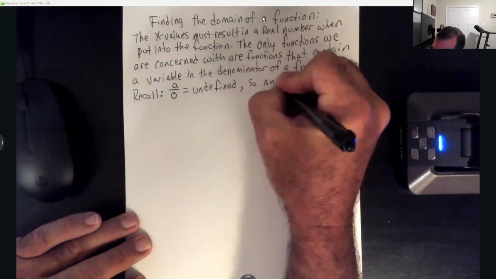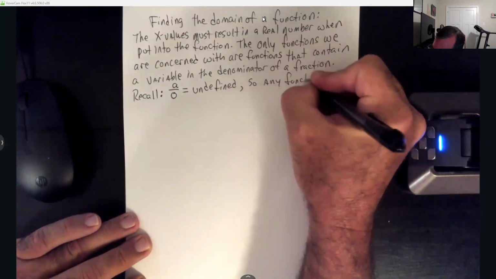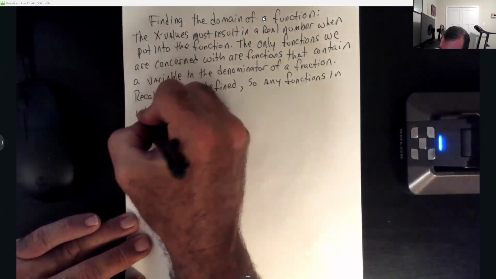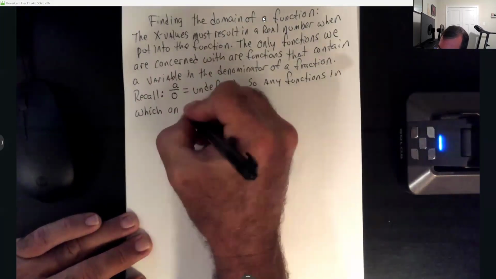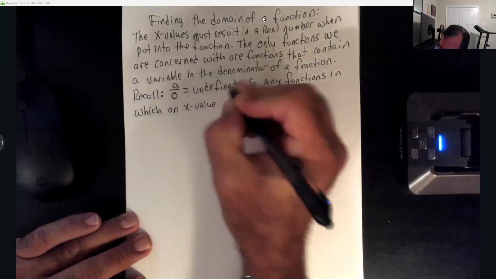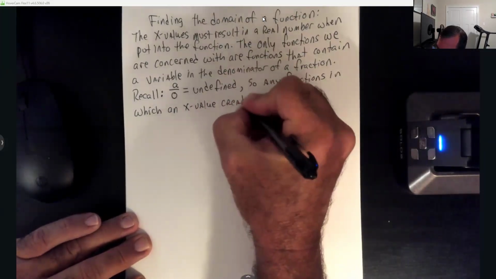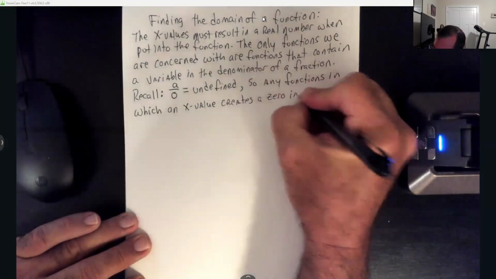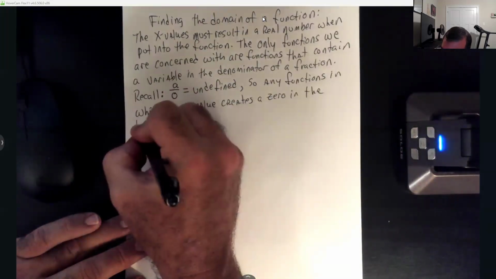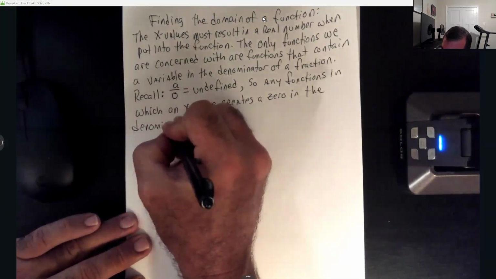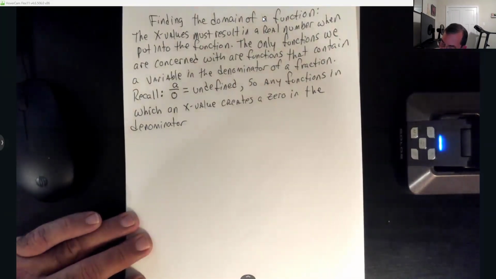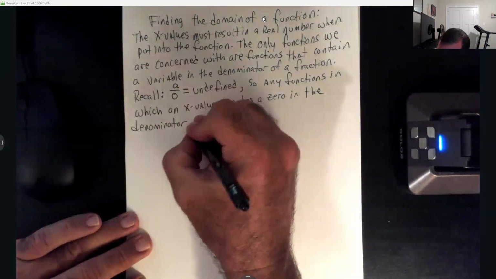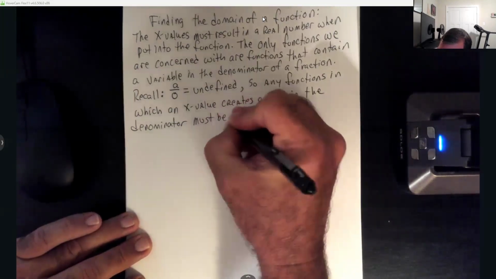So any functions in which an x value creates a 0 in the denominator must be excluded from the domain.